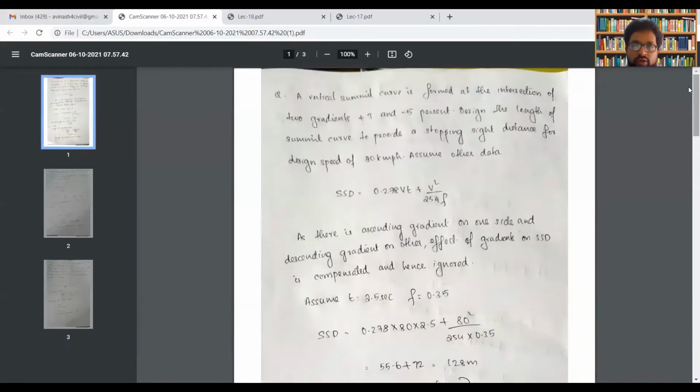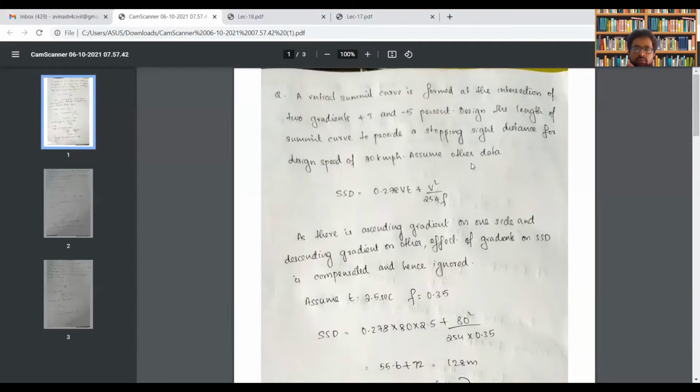I'll explain this question once more. The question is, a vertical summit curve is formed at the intersection of two gradients +3 and -5. One is an ascending gradient of 3 and another one is a descending gradient of 5. Design the length of summit curve to provide a stopping sight distance for a design speed of 80 km/h.